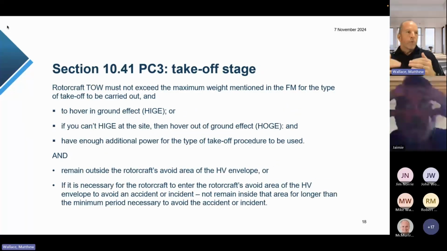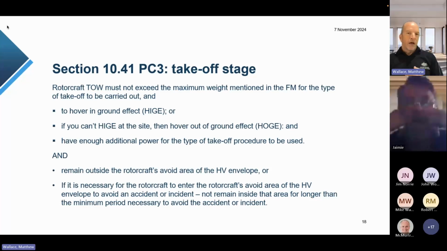What I'm doing now is just breaking it down to each stage. Again, I'll try and keep this as painless as possible. The rotorcraft takeoff weight must not exceed the maximum mentioned in the flight manual for the type of takeoff to be carried out. Again, fairly simple. So either IGE or OGE, and have enough additional power for the type of takeoff procedure to be used.